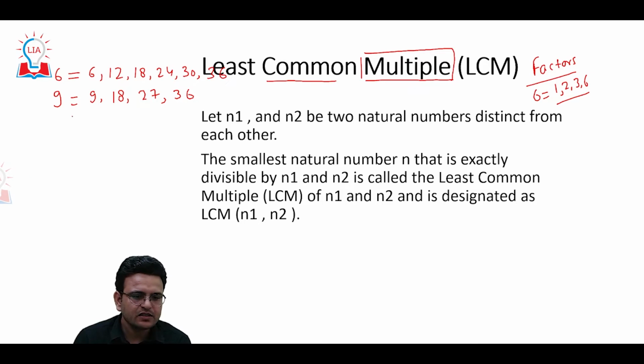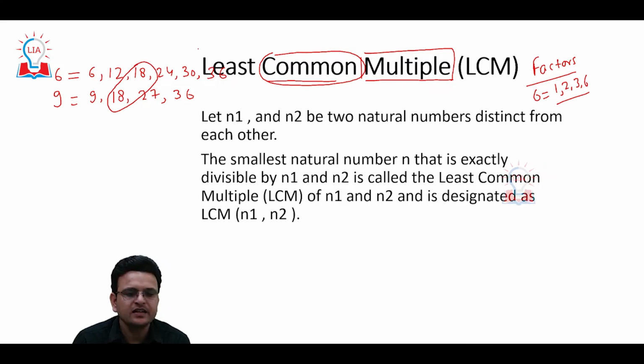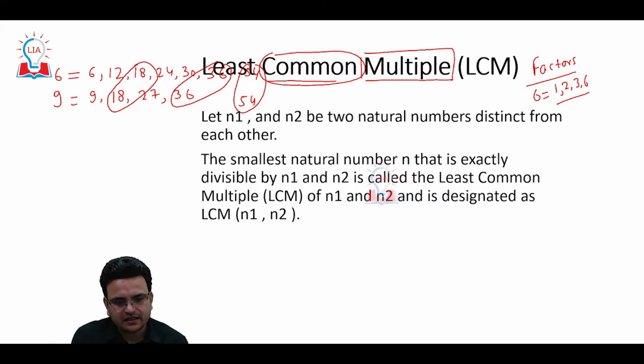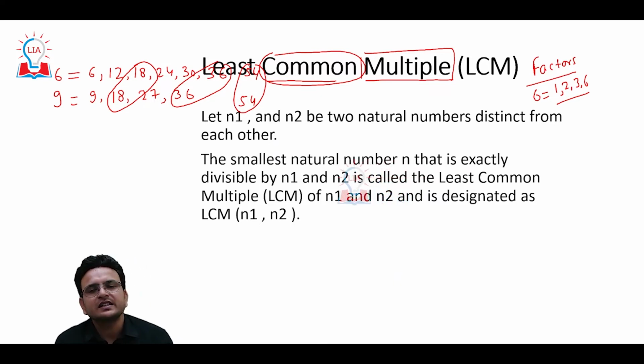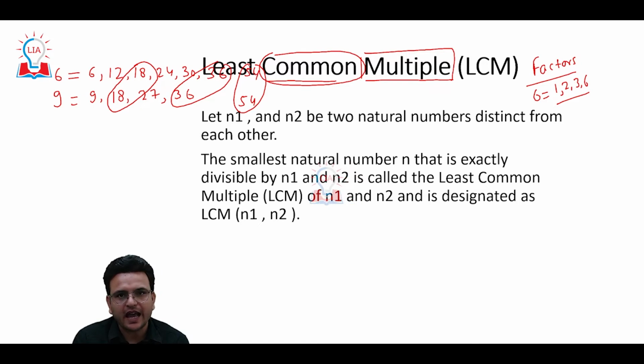In the same way 9 also has 9, 18, 27, 36. When we talk about common, here we have common multiples like 18, like 36, and maybe another common multiple like 54. These numbers keep increasing. 6 has n number of multiples, and in the same way 9 also has n number of multiples.